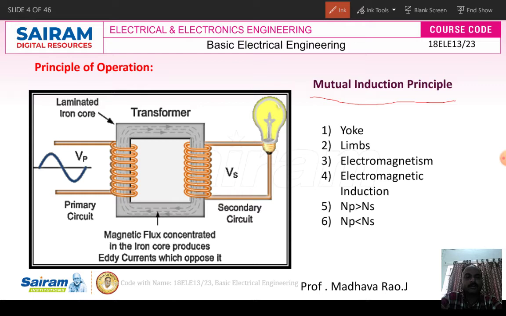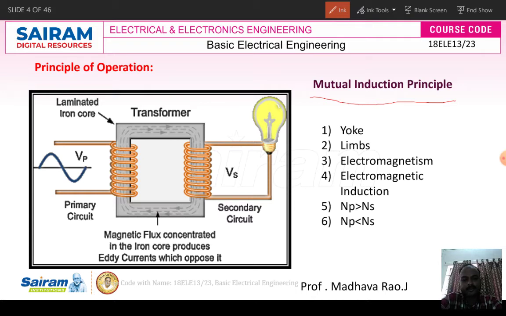Mutual induction means it transforms electrical energy from one circuit to another circuit without any change in frequency, and those two circuits are mutually coupled but not electrically coupled. Electrically there is no connection between the primary winding and secondary winding, but they are linked magnetically.